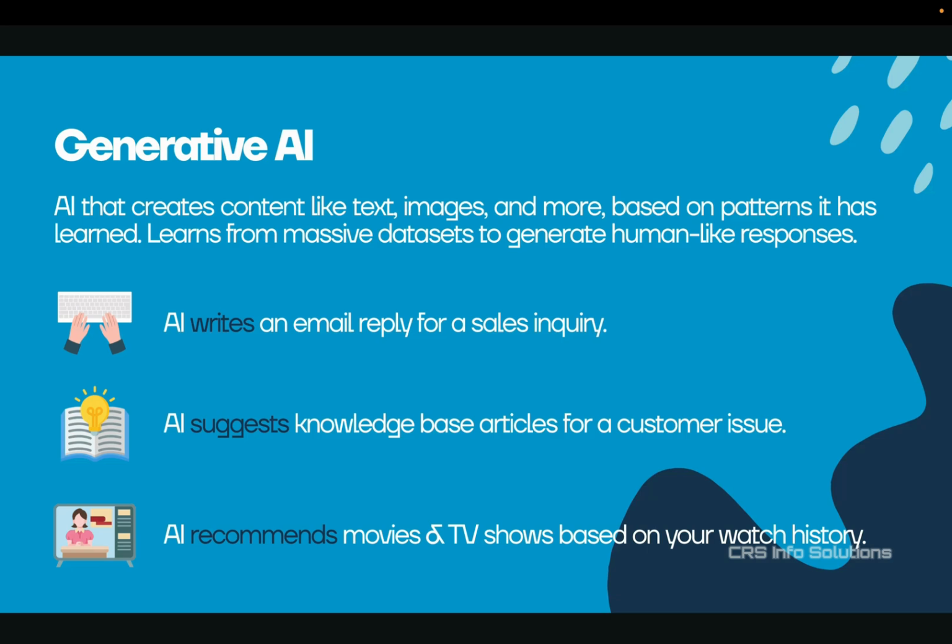For example, ever seen AI tools that generate email responses? That's generative AI. In Salesforce, we can see generative AI when we create personalized email replies, suggest answers for customer support, or summarize long conversations into quick notes. Generative AI makes AI agents smarter, faster, and more helpful.